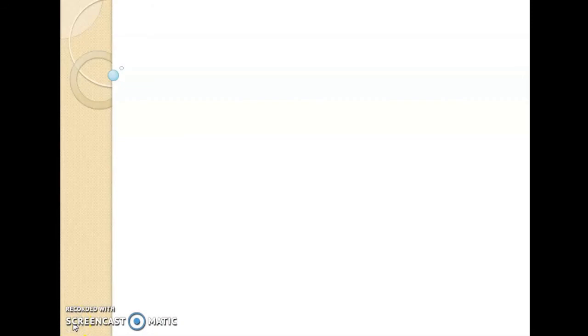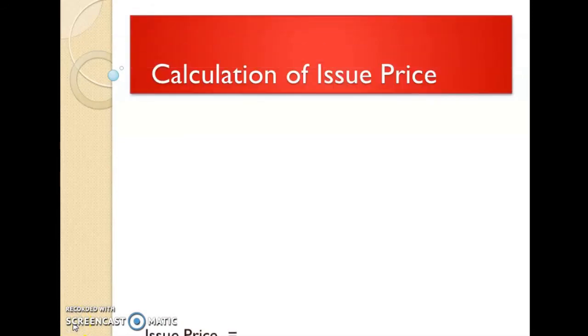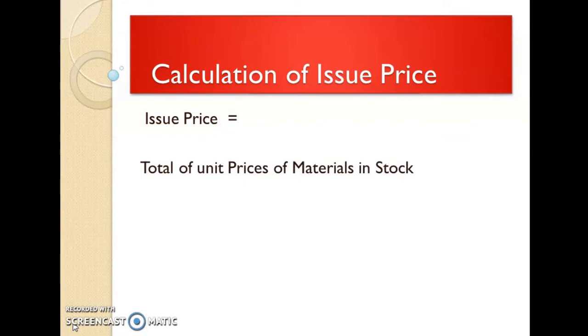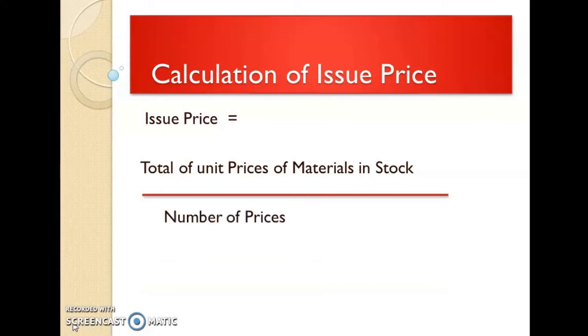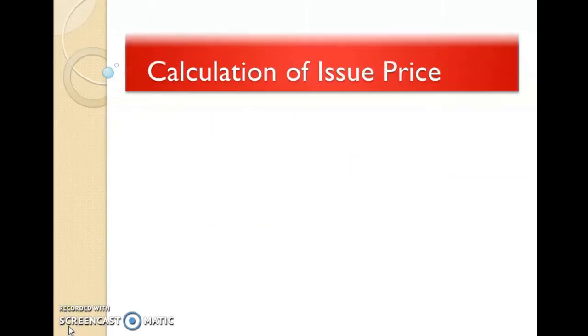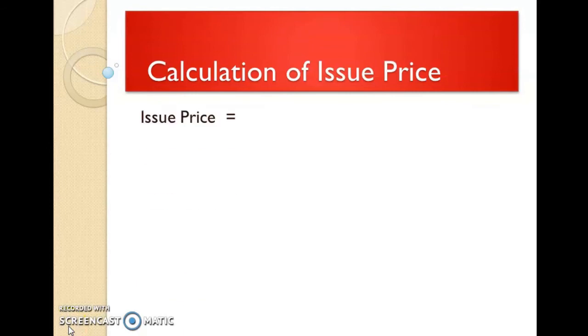Here is a formula for calculating the issue price. The issue price is equal to the total of unit prices of materials in stock divided by the number of prices. By using this formula we can calculate the rate at which we want to issue. Now we calculate the issue price.